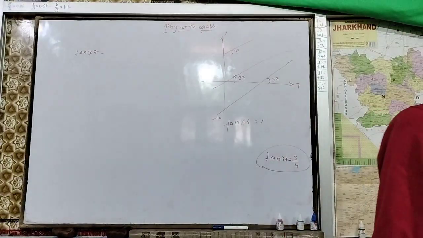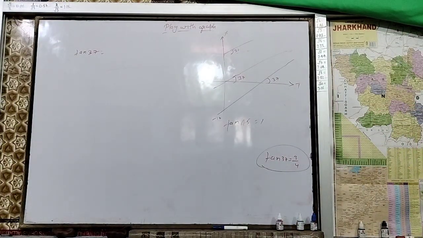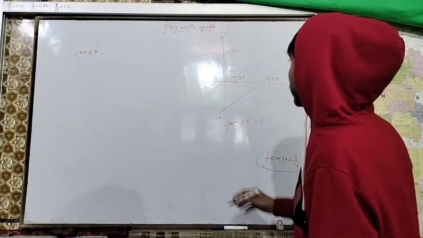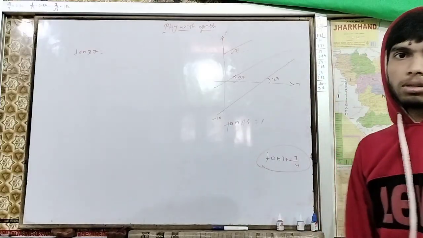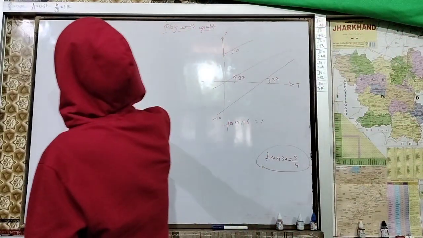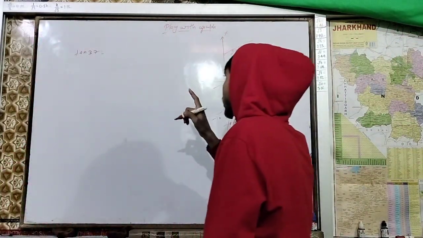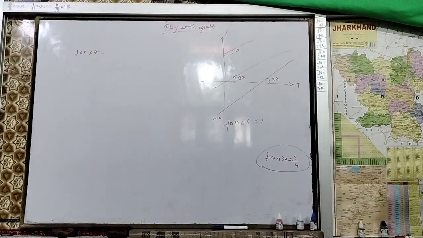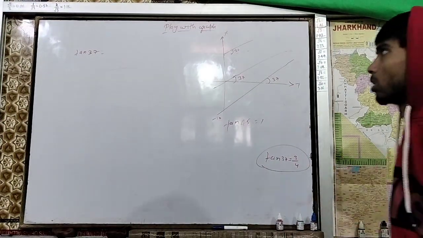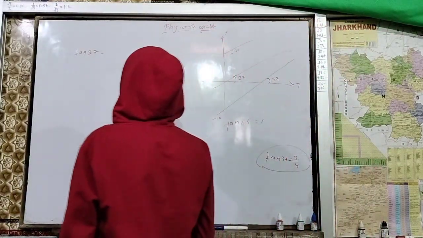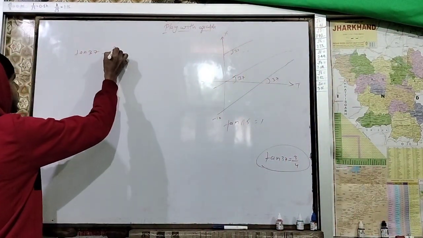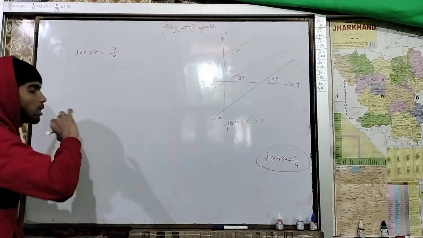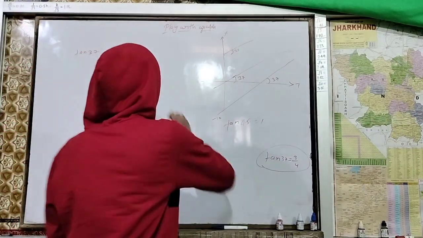line is straight. This straight line is known as constant as well. So velocity will be constant. Tell me what will be the value of tan 37 degrees. You will have to keep the value of tan 37 degrees in your mind. So tan 37 degrees is nothing but 3 upon 4 meter per second.